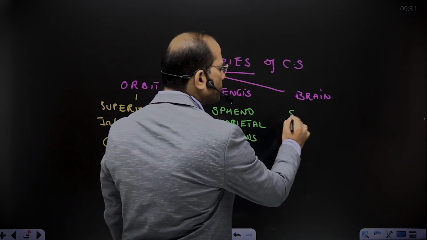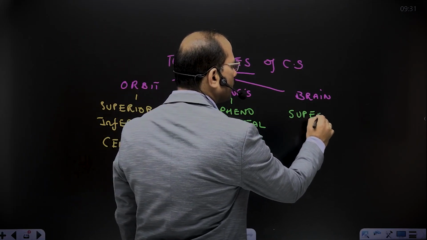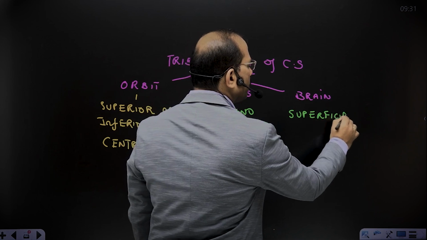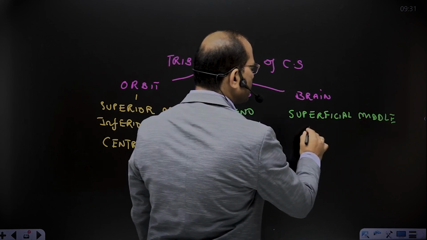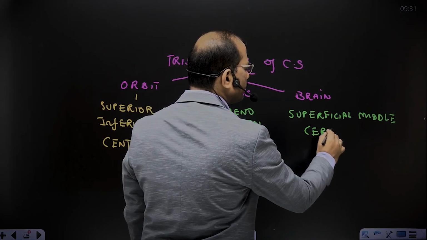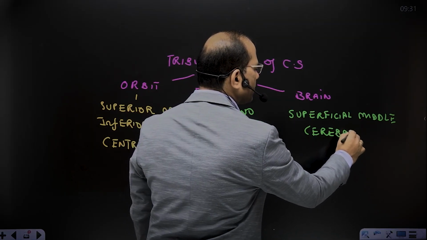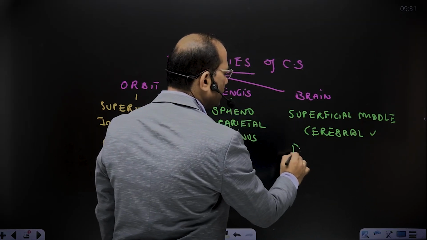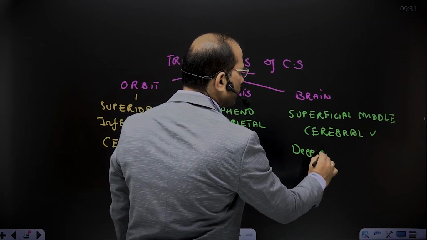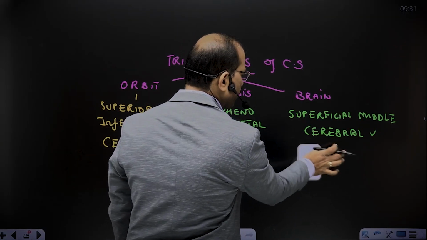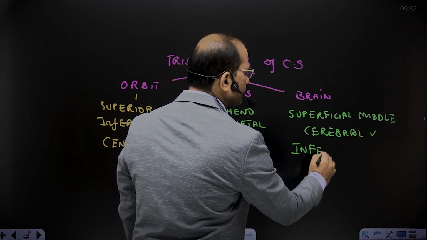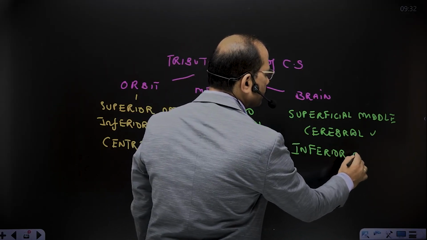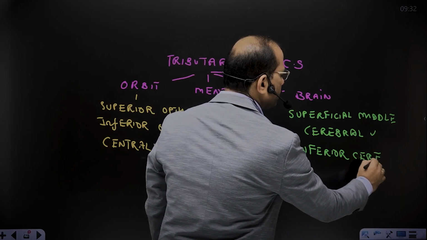One is the superficial middle cerebral vein, and the second one is the inferior cerebral vein. I'm so sorry. Just remember what I've told you, students.